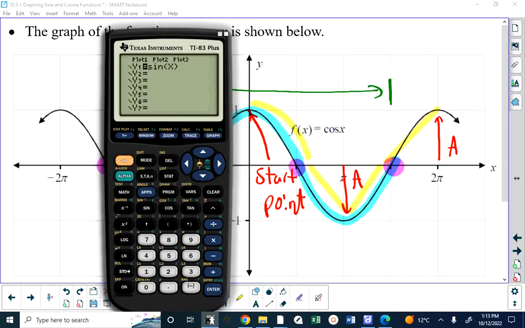And there's going to be exceptions to this, but I want everybody to do this right now. Don't worry about what mode you're in. Go sine of x. And then go zoom trig. And it won't matter which mode you're in. Your calculator will look to see what mode you're in, and it will create the graph for that mode.